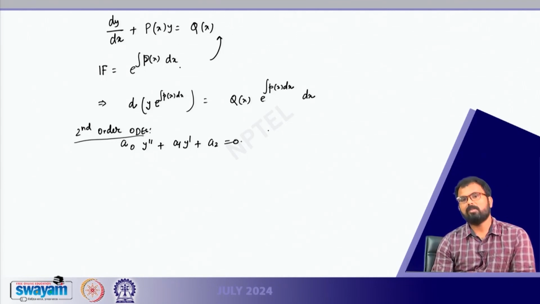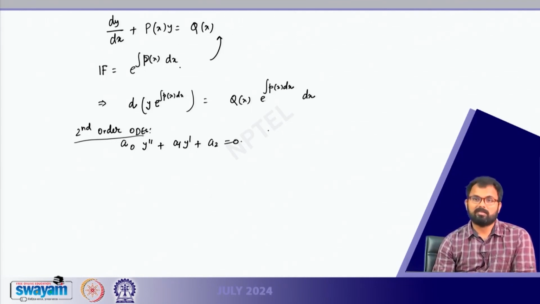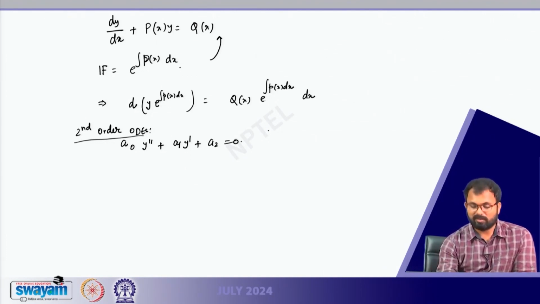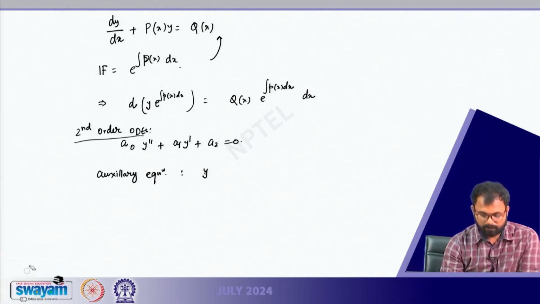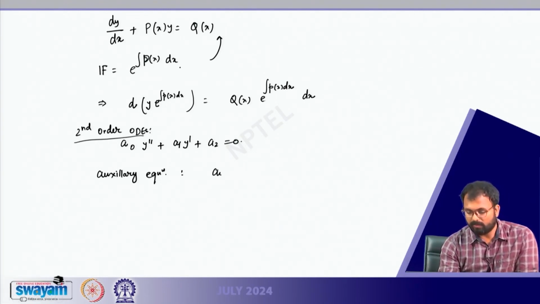Now, here a0, a1 and a2 can be constants or they can be functions of x, right. Now, as long as they are constants, you can write the auxiliary equation, which you have already done before. So, you can write the auxiliary equation, which is a0 m square plus a1 m plus a2 equals to 0.